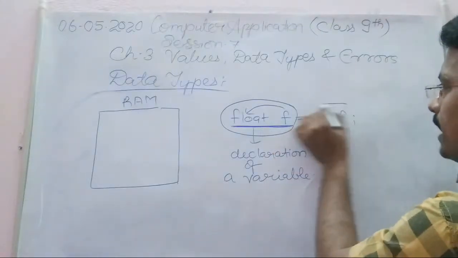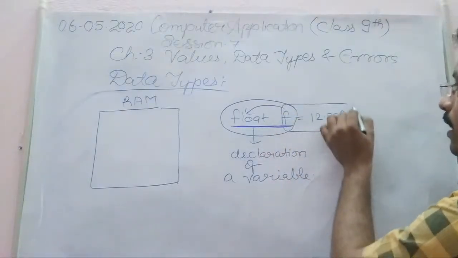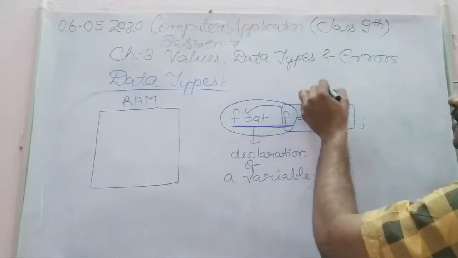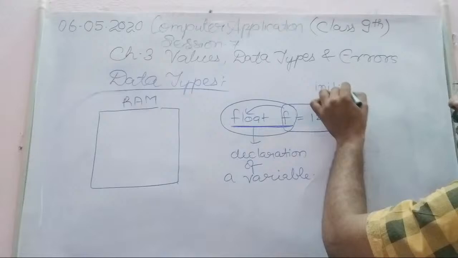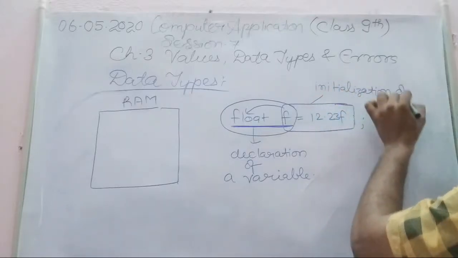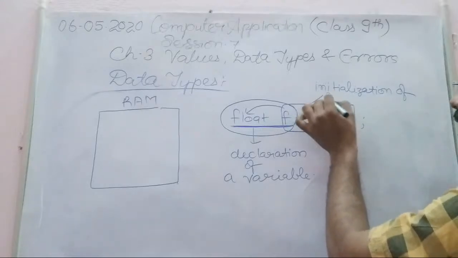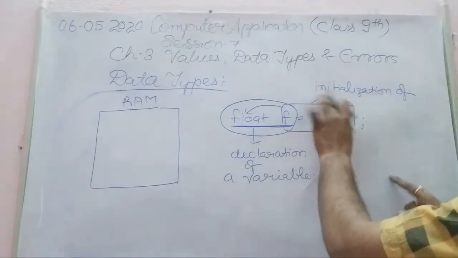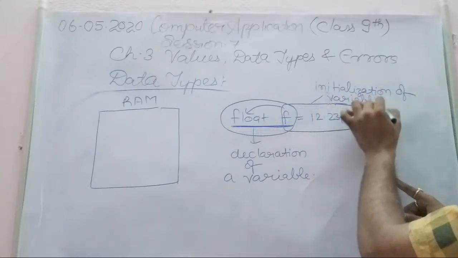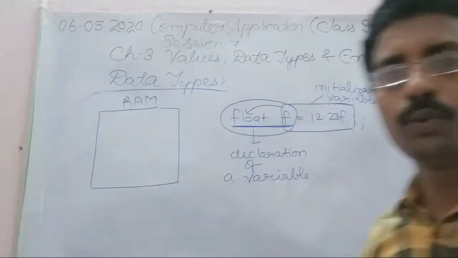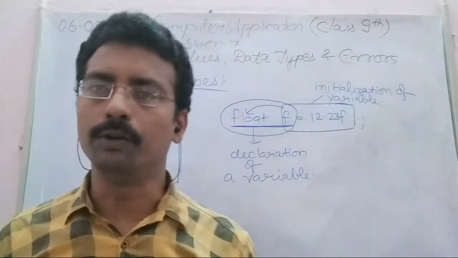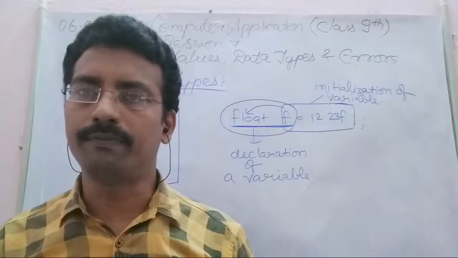This particular line is called initialization of variable. When we assign the first value to a variable, initial means primitive value, first value to a variable.